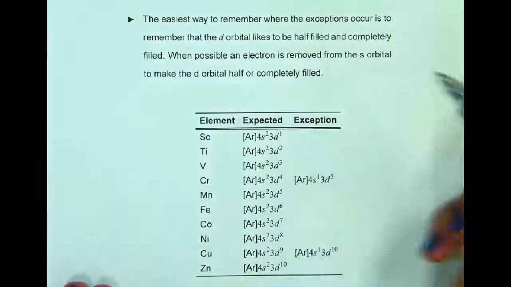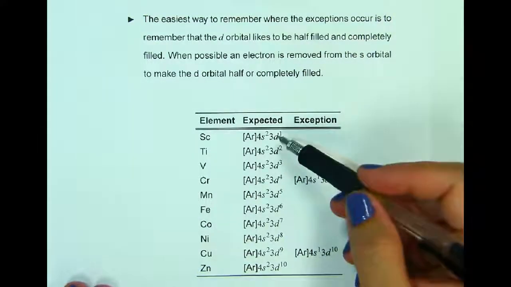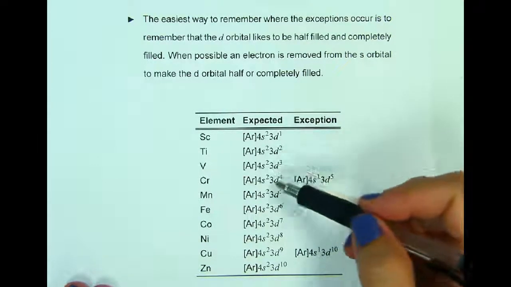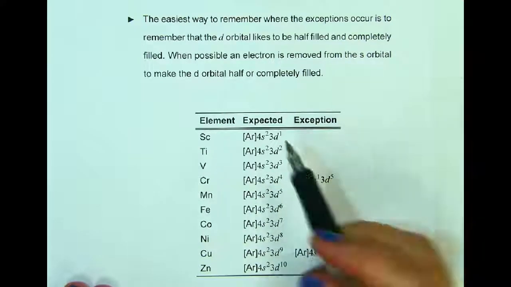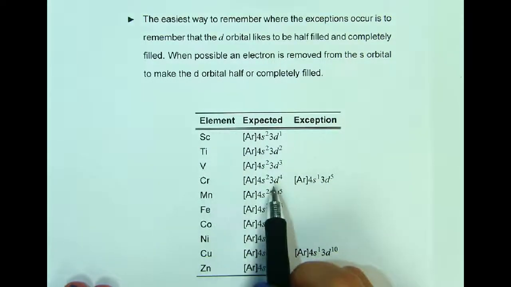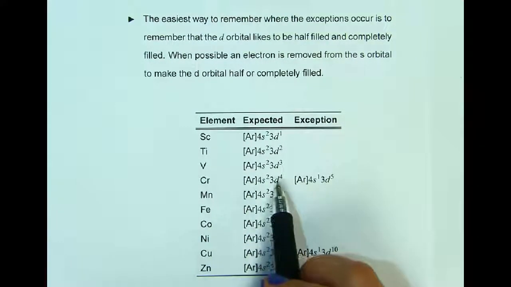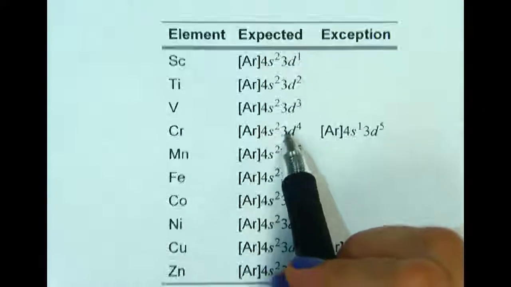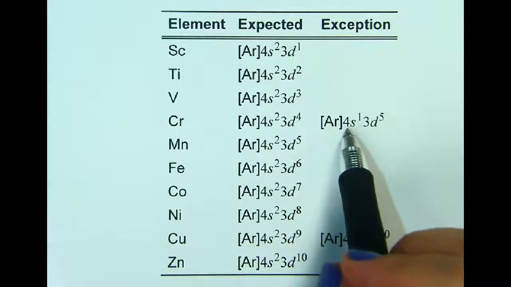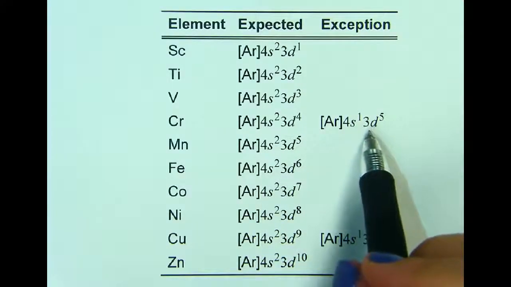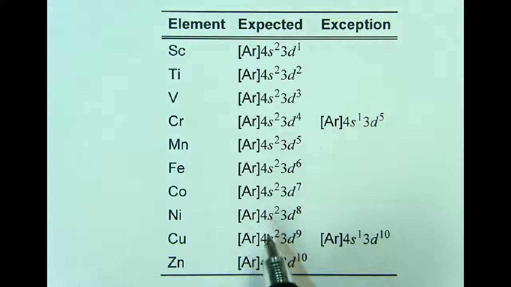So here are all the expected noble gas configurations of these elements, and you'll see when we get to chromium, there's an opportunity to move one electron from the 4s over to the 3d, in which case we would have a half-filled s and a half-filled d. And then down here, when you get to copper, we could shift this electron over to the d sublevel, giving you a half-filled s and a full d.